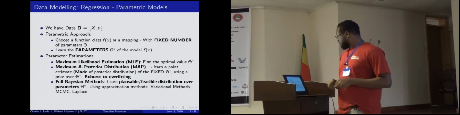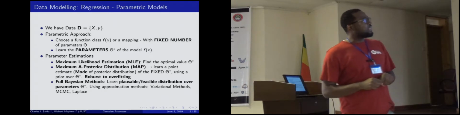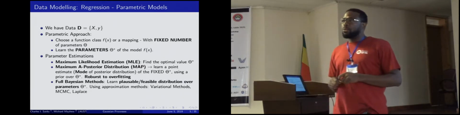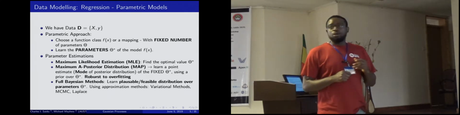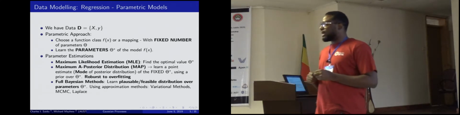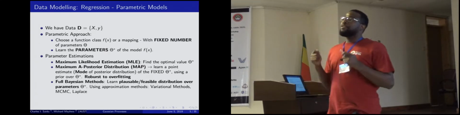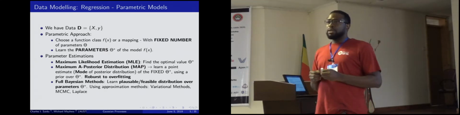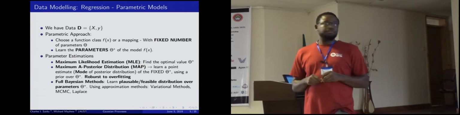Okay, so to motivate the talk, let's assume we have data x and y. We can go the parametric approach where basically what we do is pick some fixed number of parameters that tries to describe the data we're interested in.